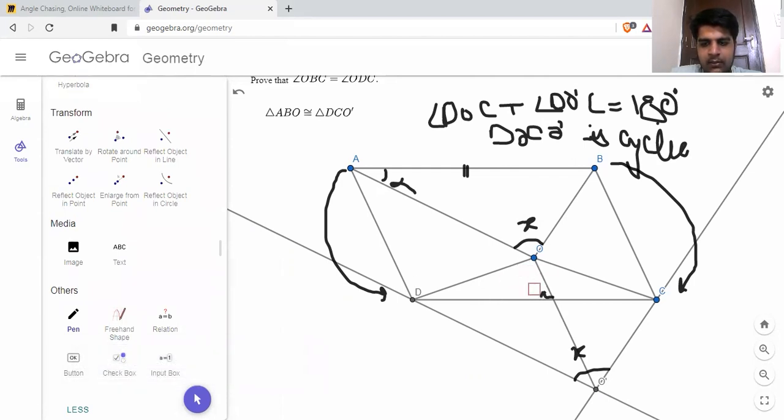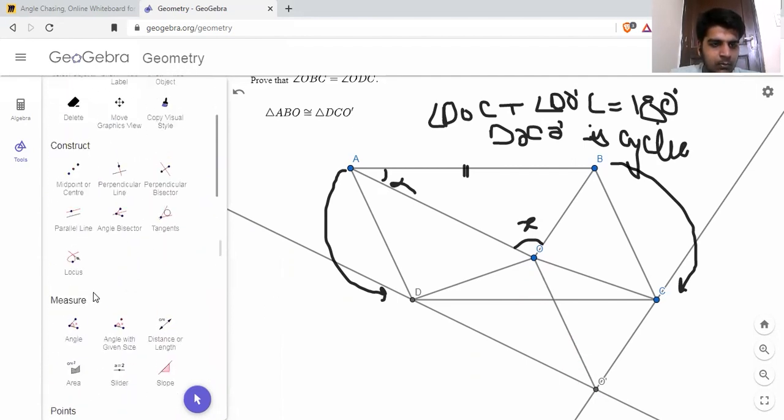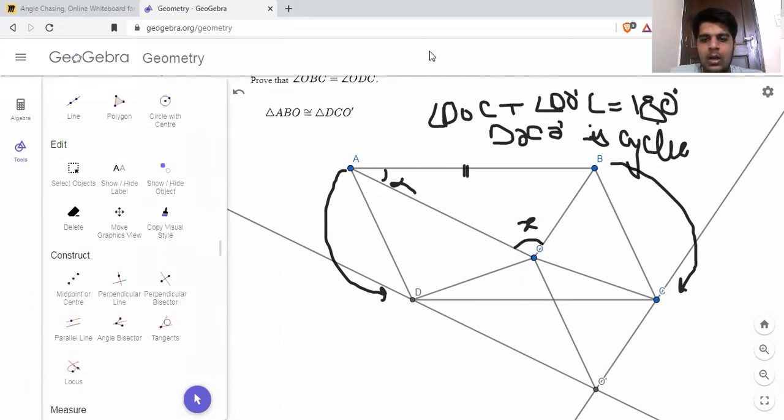I'll erase this so that we can see it clearly. We know that this is cyclic now. Okay, so since this is cyclic, angle ODC should be equal to angle OO dash C, because these are the angles subtended by chord OC, right?